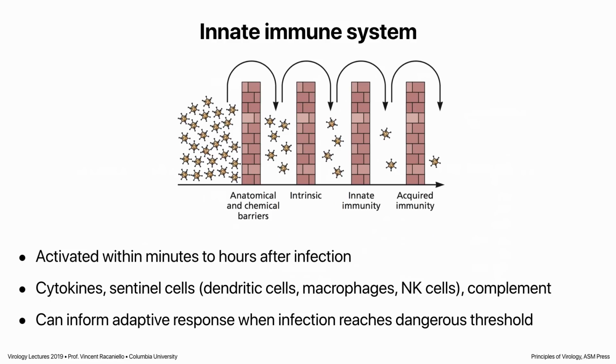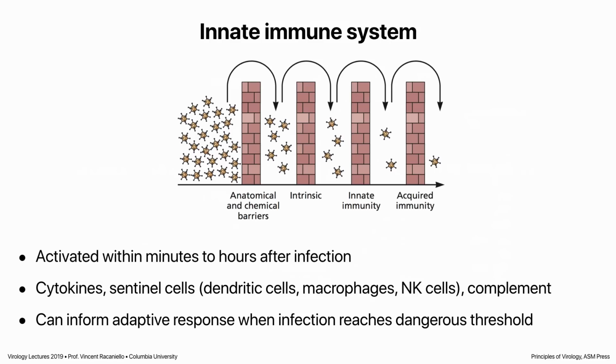I want to talk about innate defenses now for the rest of the time, and that's that third wall there. This is a defense that requires minutes to hours to be activated by infection. It's composed of 5 components: cytokines, sentinel cells, which include dendritic cells, macrophages, and NK cells, and complement. 1, 2, 3, 4, 5, okay?